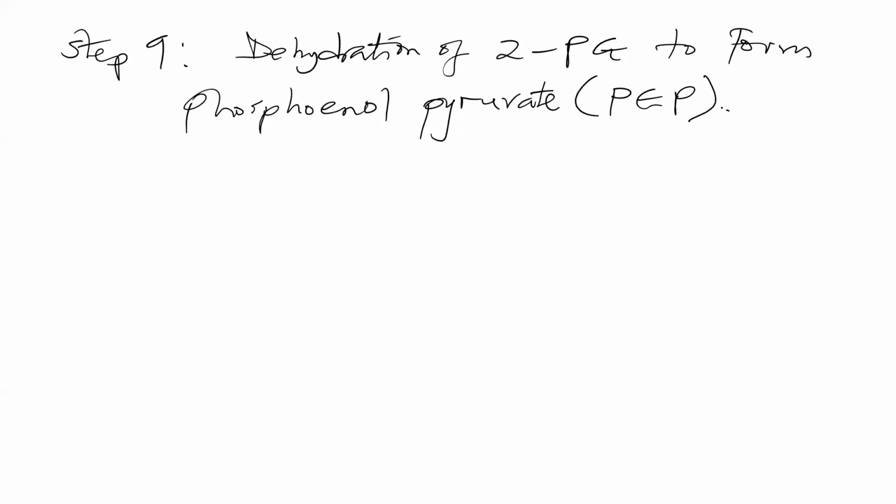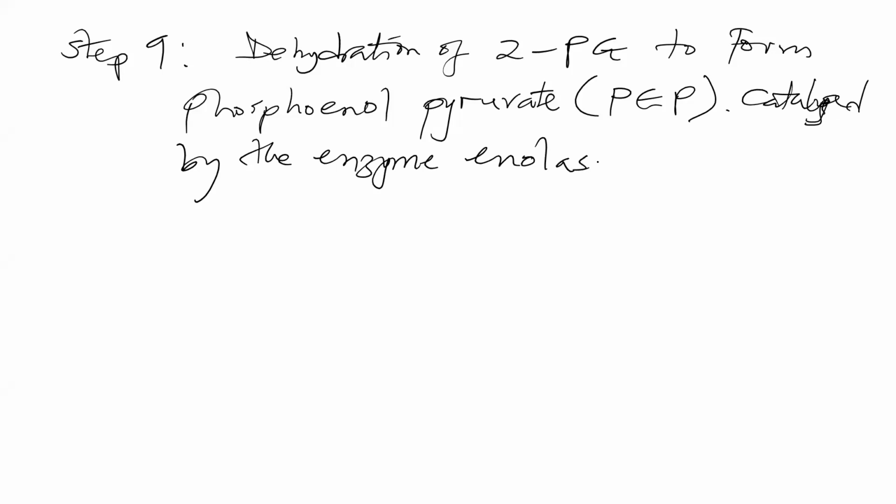This reaction converts the low energy phosphoester bond of 2-phosphoglycerate into a high energy phosphate bond. So basically, the reaction is catalyzed by the enzyme enolase.